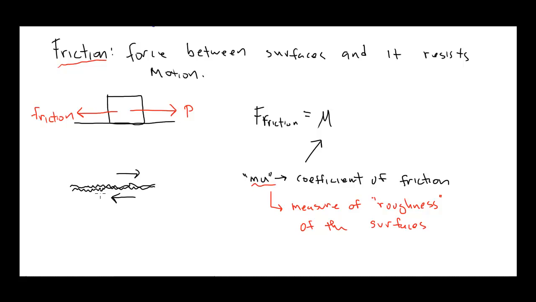If the surfaces aren't being forced together very hard, then these bumps aren't going to get caught on each other quite so much. So the other thing that matters is how hard the surfaces are in contact with one another. How do we account for that? One way to think about it is that it's going to be equal to the normal force. If this is the weight of the block down, the normal force is the contact force between them. This is the normal force.